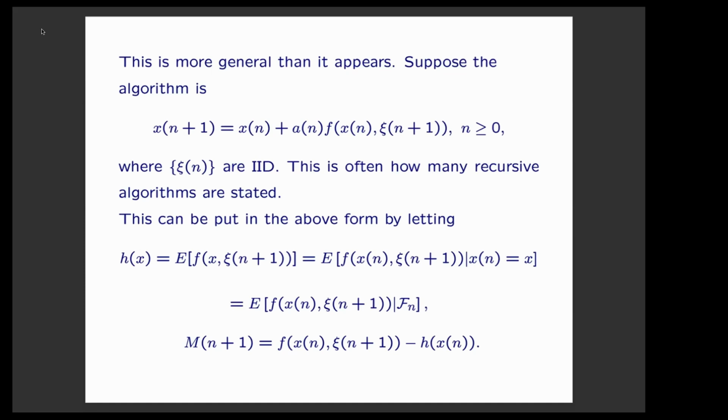For example, in reinforcement learning, this is what we do. We add and subtract the conditional expectation and it fits, where h(x) is just the one step conditional expectation. You add and subtract h(x), and you get the original f(x_n, ξ_{n+1}) as h(x_n) plus the noise M_{n+1}.